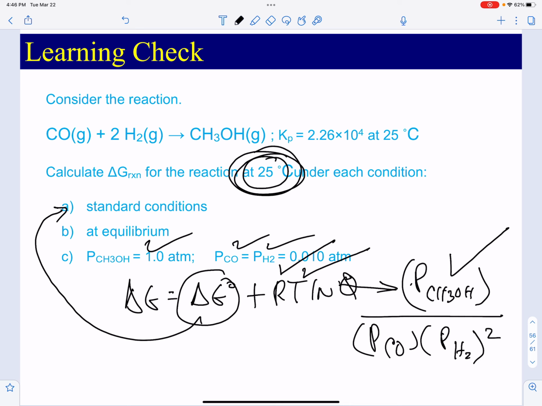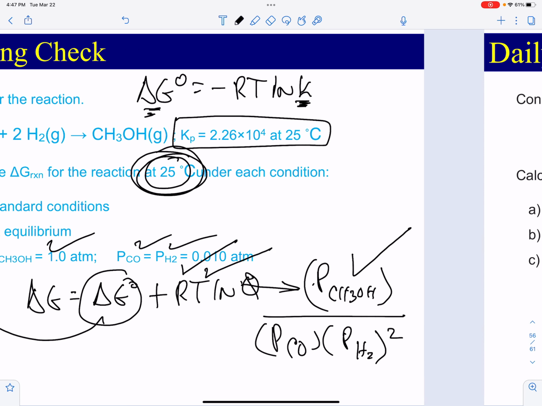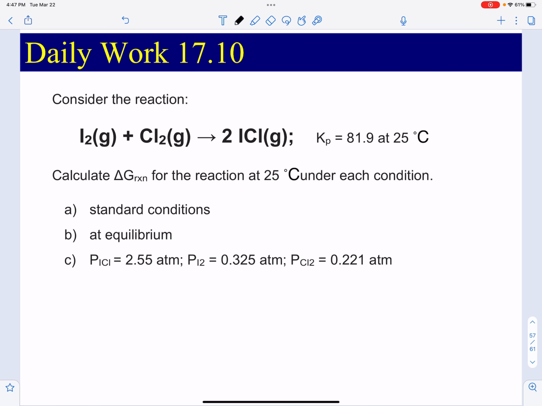So this problem is doing nothing more than relating how delta G relates to an equilibrium constant. And the main formula that we used here was delta G standard equals minus RT ln K. In this case, we have the K, so we can find the delta G. And then you can compare that with the appendix method if you want to. So with that said, you should be able to do that.